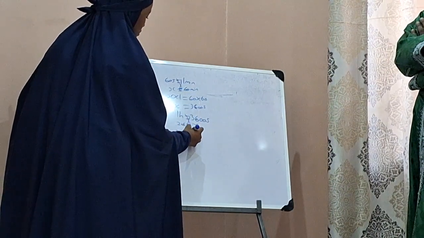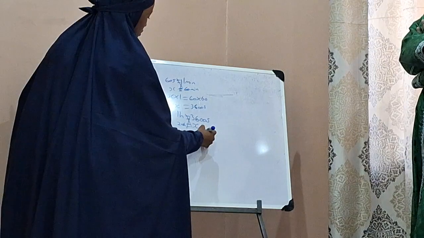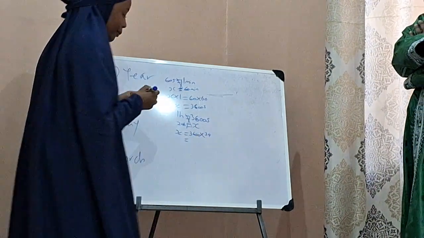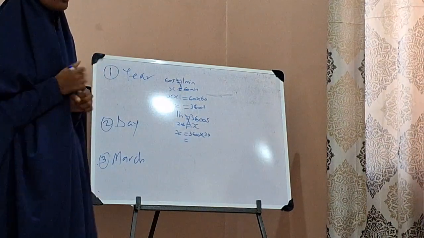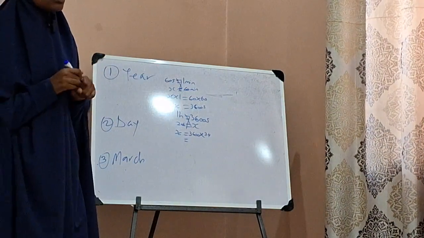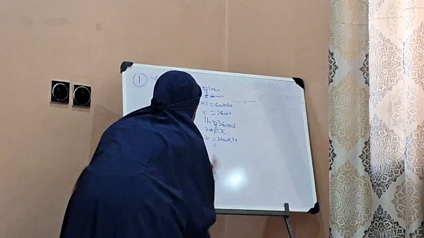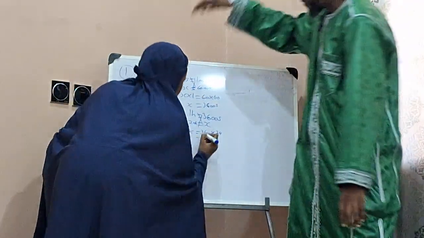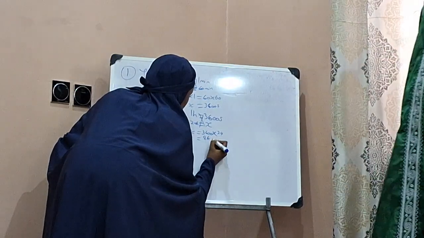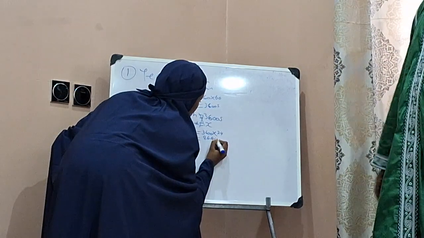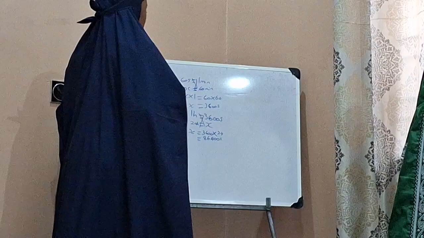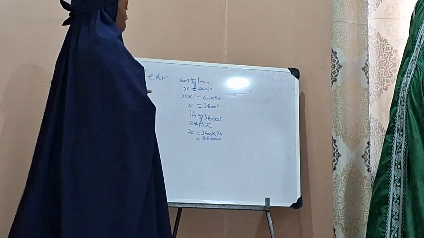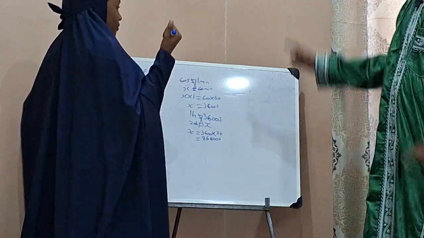X equals 3600 times 24, which gives 86400 seconds. So in 24 hours, it's 86400 seconds. So this is in 1 day.